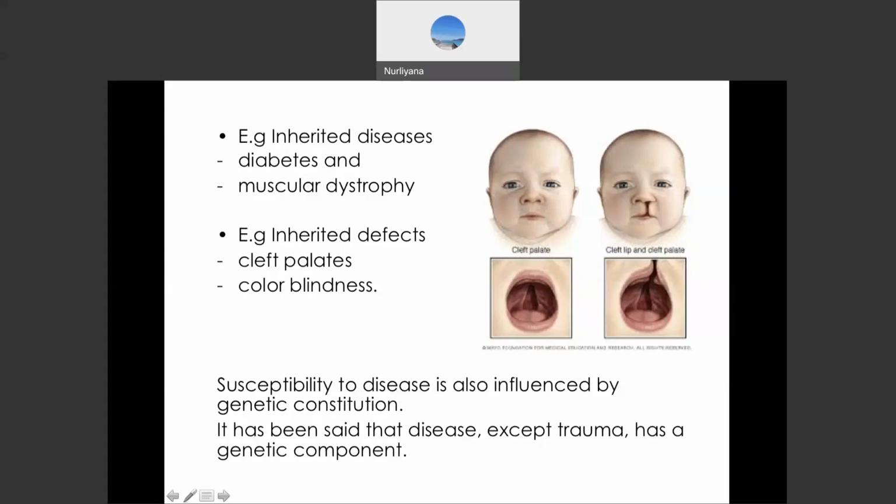So these defects can be altered, it depends. If it is color blindness, it only affects your eyes, not the whole body, and this one cannot be treated, while cleft palates can be fixed.